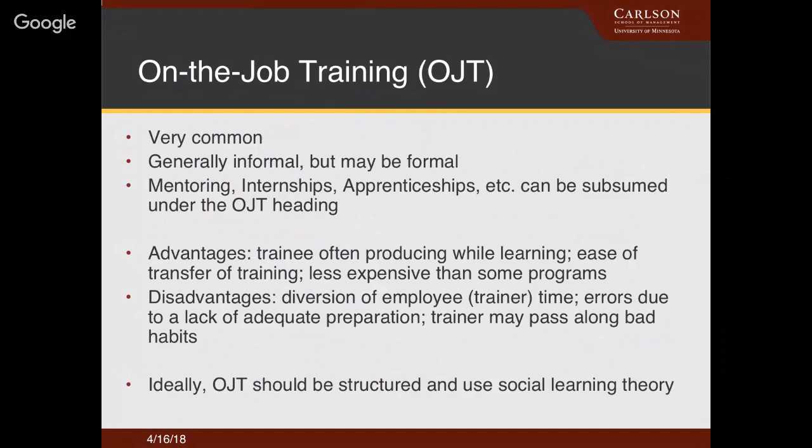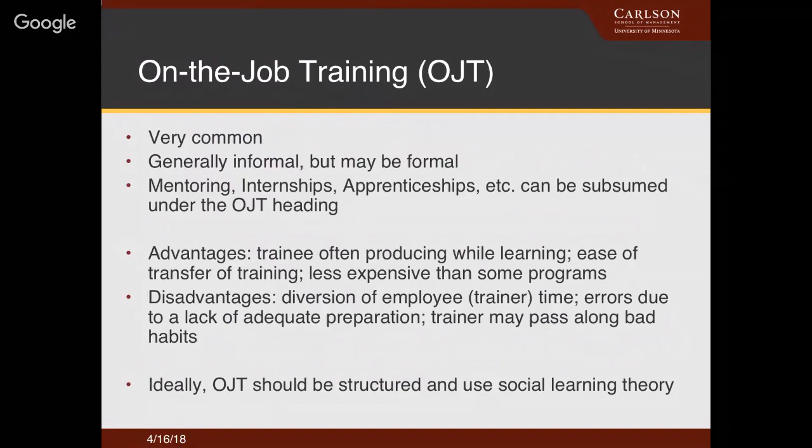So you could, for instance, have mentoring programs, coaching, internships, which are much more structured, or apprenticeships, which are structured types of internships for skilled trades that can all be subsumed under the OJT or on-the-job training heading. So those tend to be more formal rather than more informal, but they do count as on-the-job training.